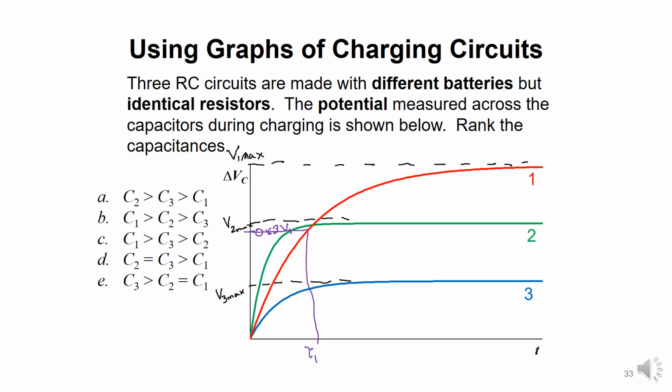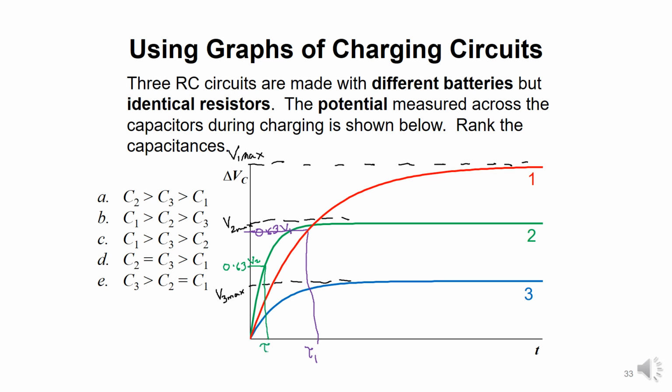Okay. And let's try to figure out the time it takes to go from 0 to 63% for the red graph. Let's draw something like this. So just pretend this is a straight line here. Let's call this tau 1. So that's the time constant for graph 1.